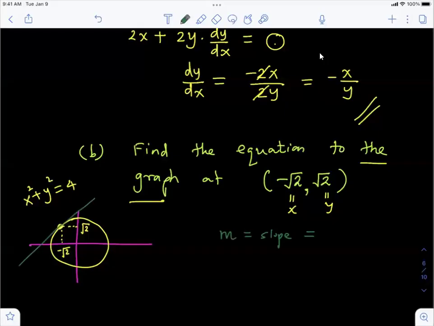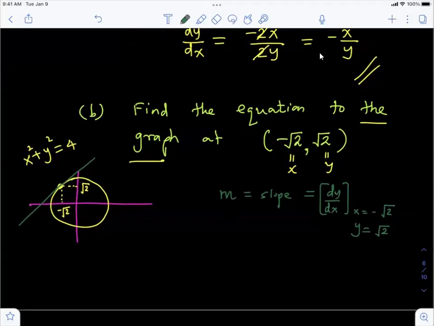To compute the slope, all you need to do is to grab these x and y values and put them in dy dx that we already found for the function. So dy dx, plug these 2 points, or in other words, evaluate them when x equals negative root 2 and y equals positive root 2.